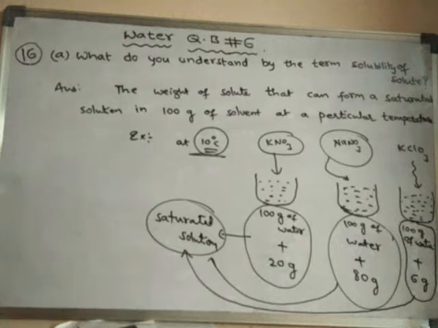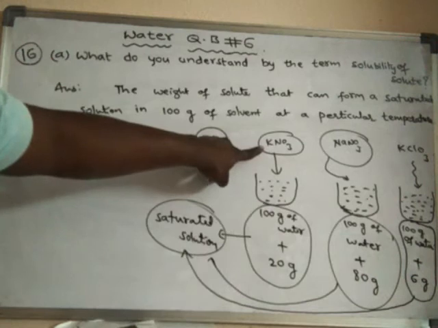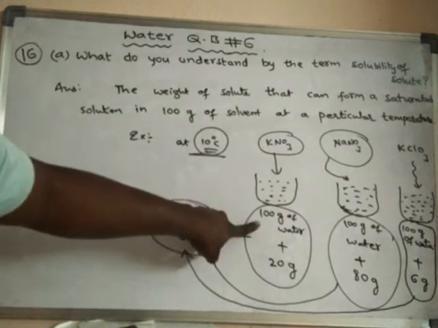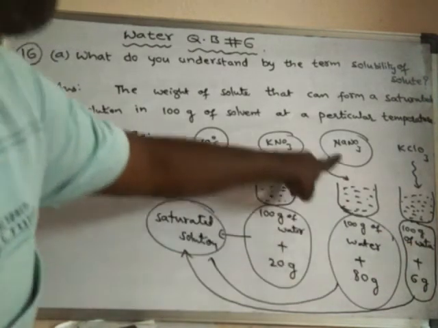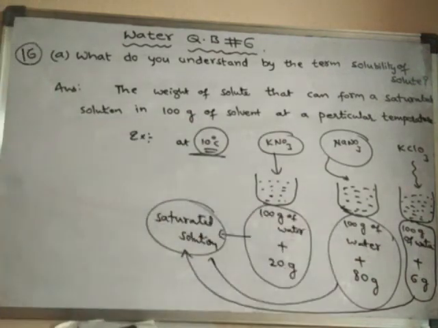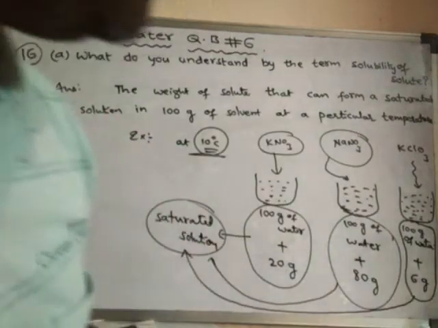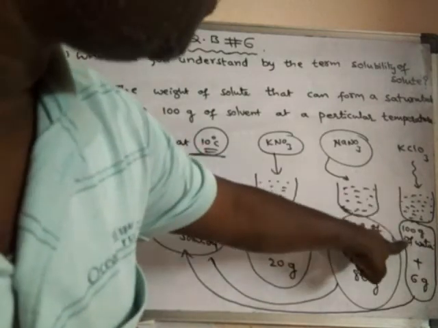Look here, 20 grams of potassium nitrate will form a saturated solution with 100 grams of water, but 80 grams of sodium nitrate will form a saturated solution with 100 grams of water. But in case of KClO3, only 6 grams is enough to form a saturated solution with the same 100 grams of water.